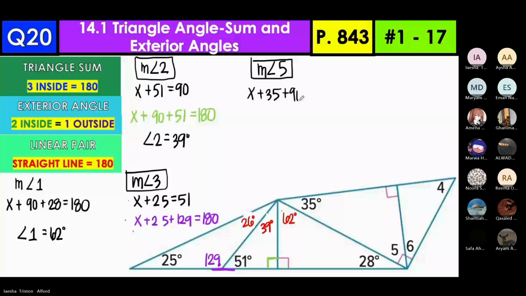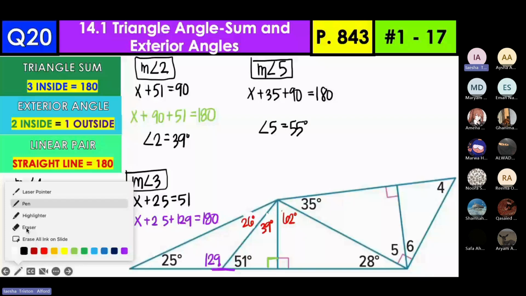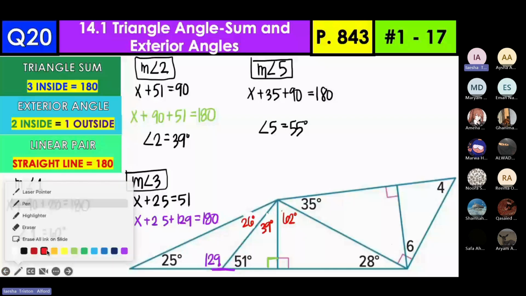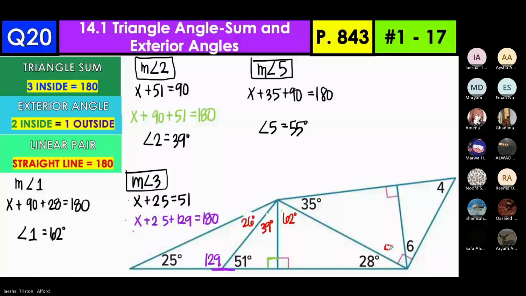Okay. So angle 5 should be equal to 55 degrees. So you can delete that one and put 55 degrees. Okay. What now?